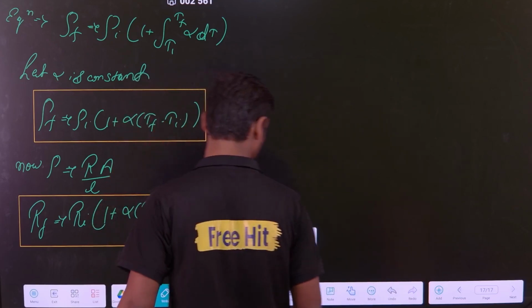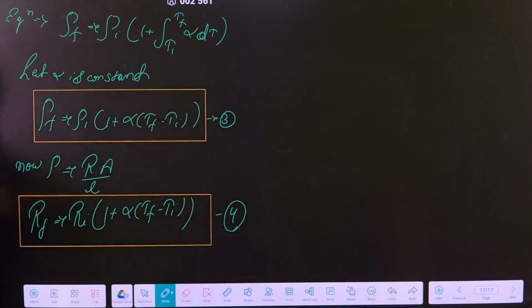Just note it down, note down all the equations. I am going to give you the conclusion. What is basically the conclusion?